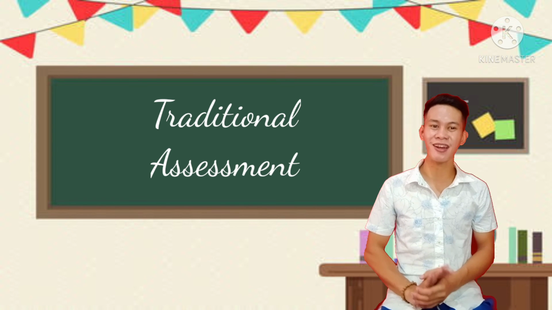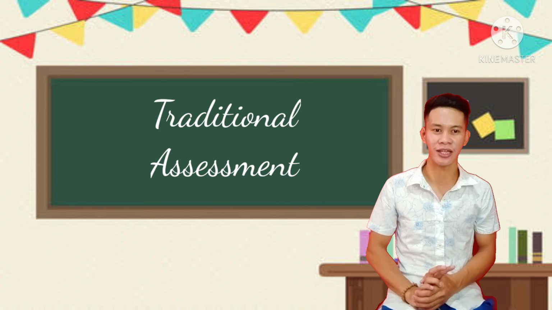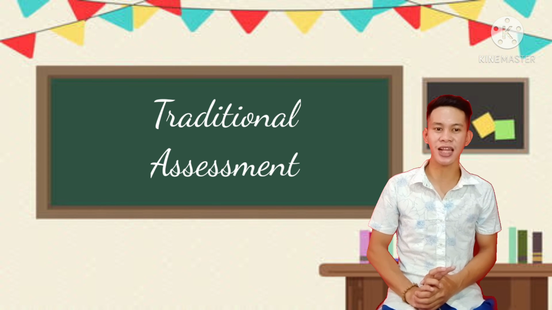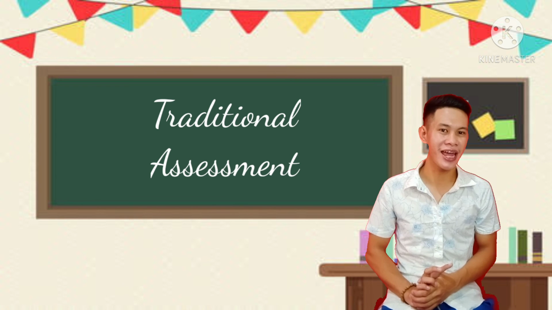These assessments are easy to grade but only test isolated application, facts, or memorized data at lower level thinking skills. Learners must use more complex, higher order thinking skills. That is traditional assessments. It includes the paper and pencil tests.